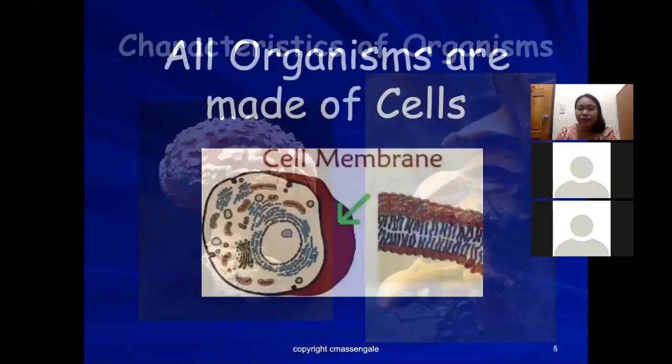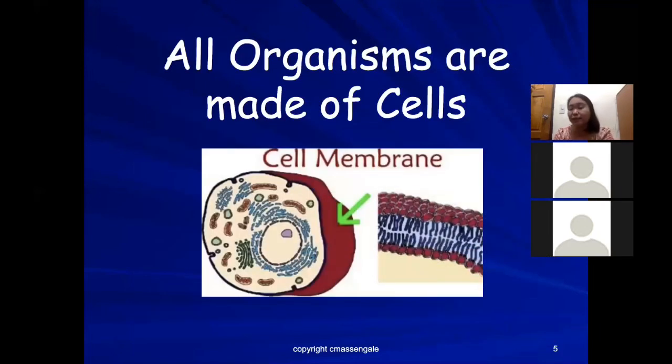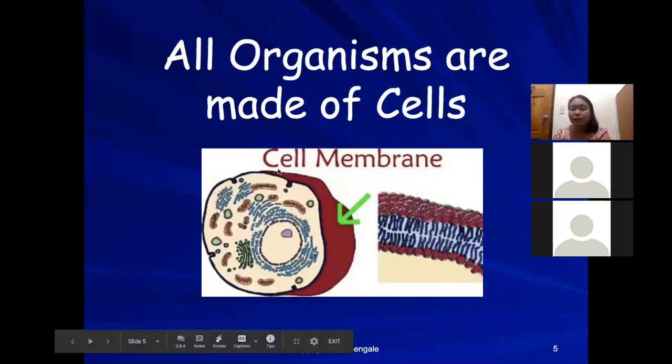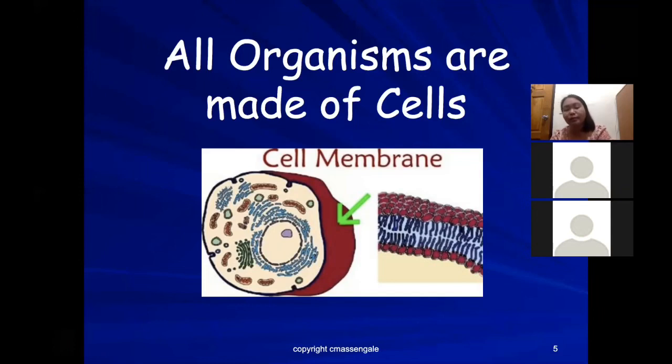Some more characteristics of organisms: basically, we are made up of cells, which are enclosed by a cell membrane. If you already have your biology, you may remember there was a time when the first theory of the cell was without a membrane.